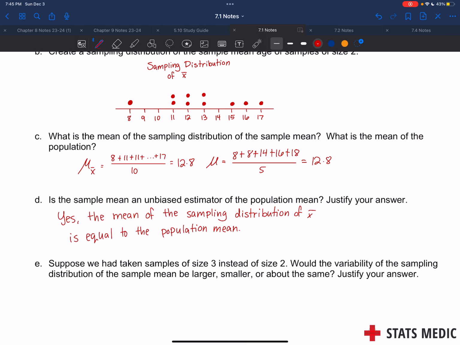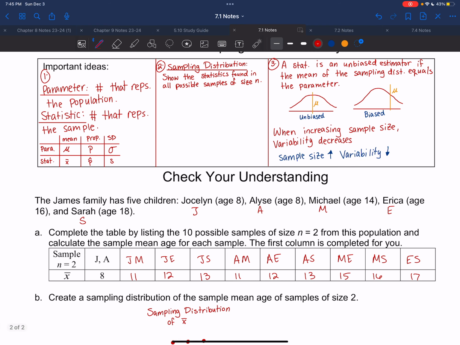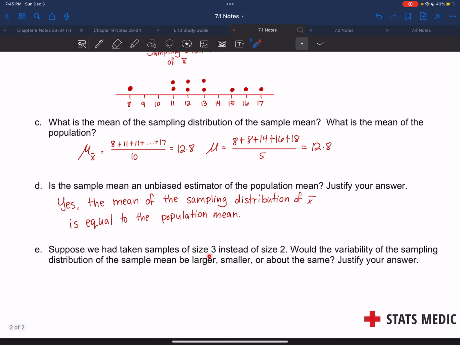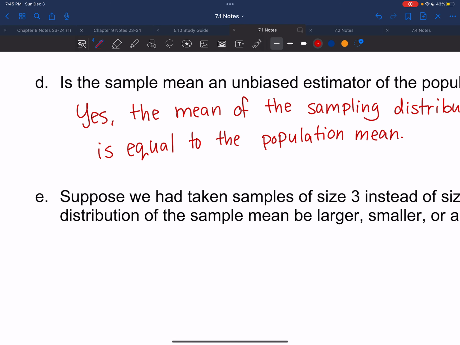Okay. And then part E says, suppose we had taken samples of size 3 instead of size 2. Would the variability of the sampling distribution of the sample mean be larger, smaller, or about the same? Justify your answer. So again, if we go back to part 3, as sample size increases, variability decreases. So if we took samples of size 3 instead of size 2, our sample size is increasing, so that means our variability is going to decrease. So it would be smaller.